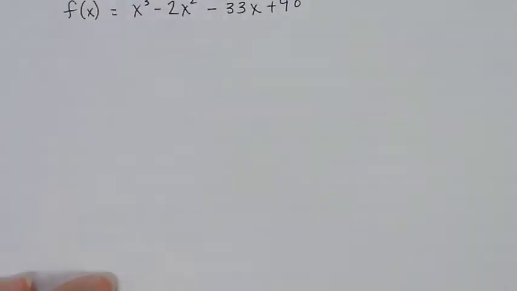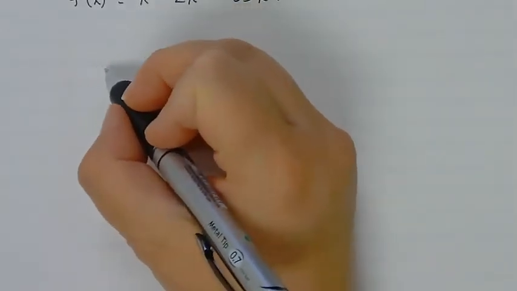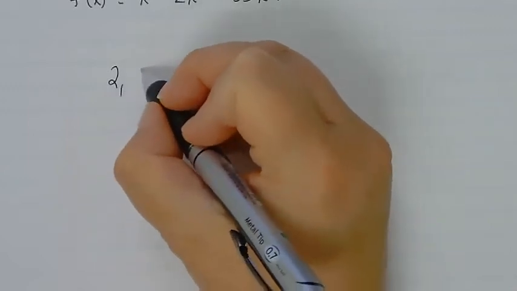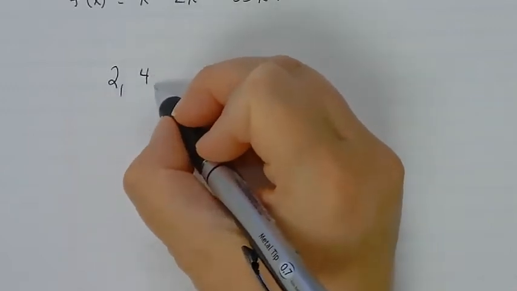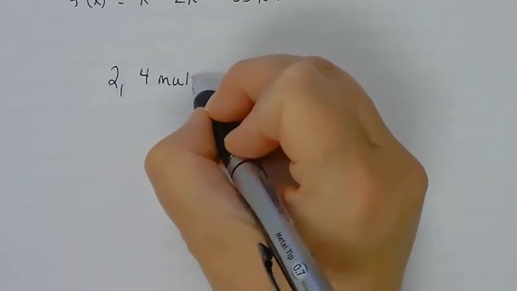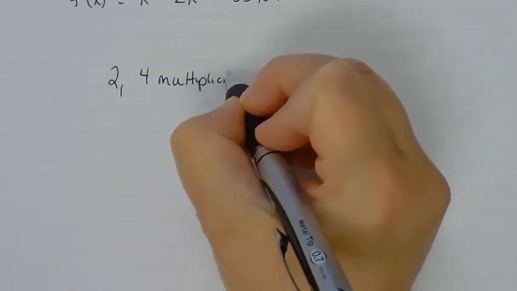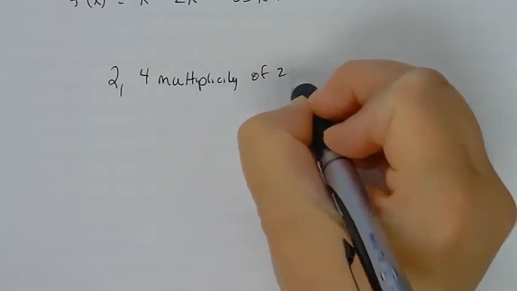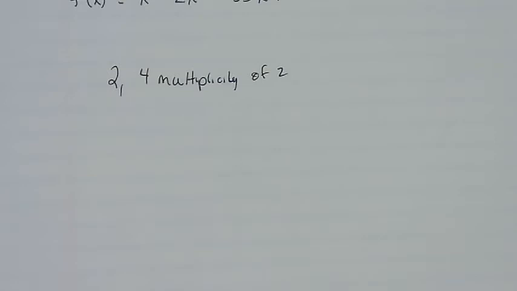Okay, hang with me on this video because there's 2 other examples and you need all of them. What if I said that I had zeros at 2 and 4 had a multiplicity of 2? If something has a multiplicity, that means it happens that many times.